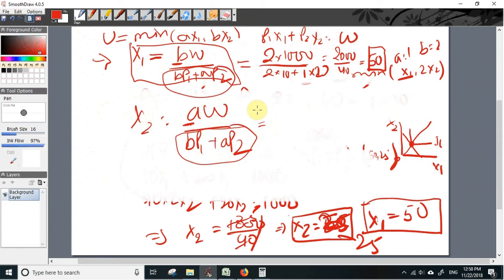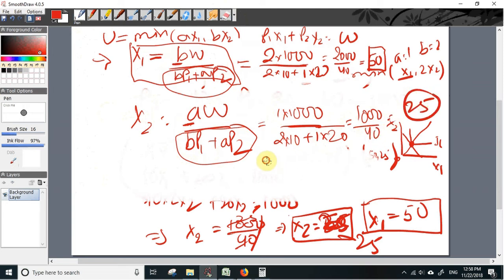So this is a, which is 1, times 1000 over b, which is 2, times 10, plus a, which is 1, times p2, which is 20. So this is 1000 over 40, which is 25. So the optimal commodity purchase of the second commodity is 25. We can thus use these two formulas to derive the optimal commodity purchase.